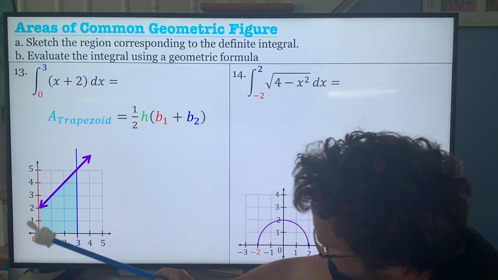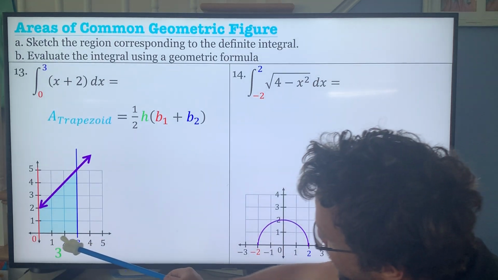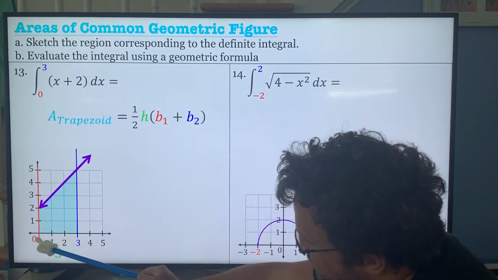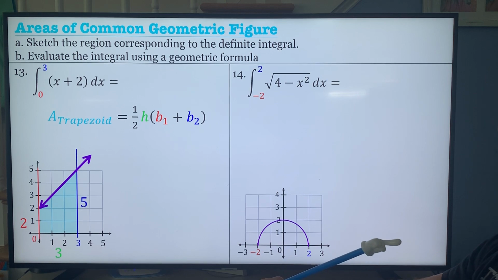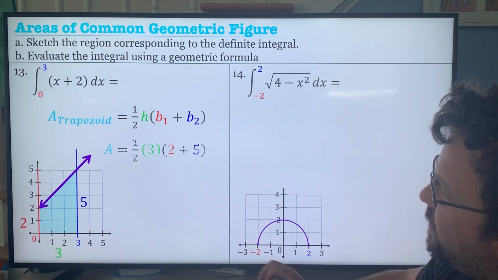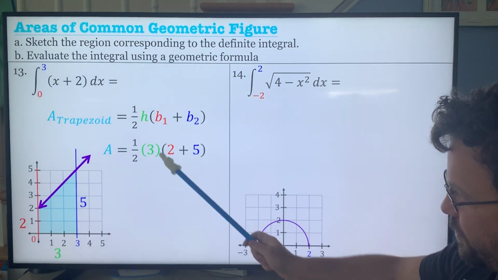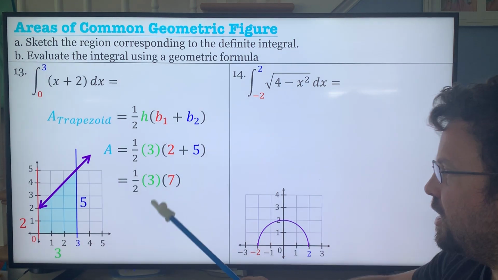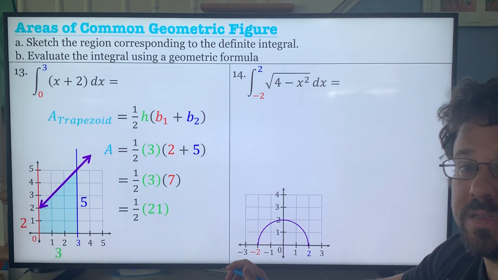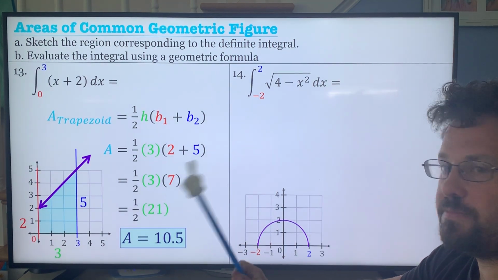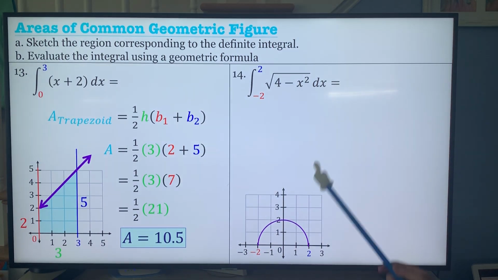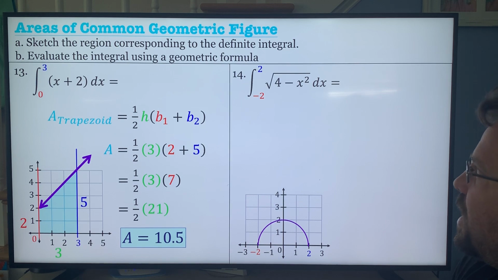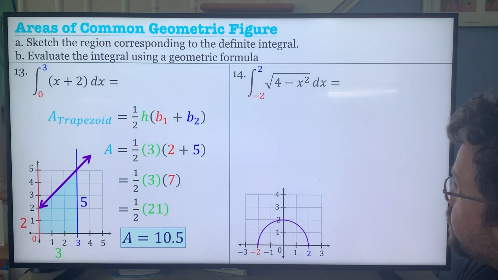We obviously don't know the length of that side, but we do know the height here is 3, and the two bases are 2 and 5. All right, the bases are the parallel sides. So it's half of 3 times 2 plus 5. 2 plus 5 is 7. Half of 21 is 10.5, and that's your answer. See that? All right, this one, obviously, this is a circle.